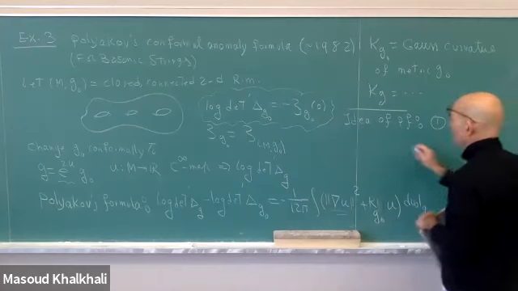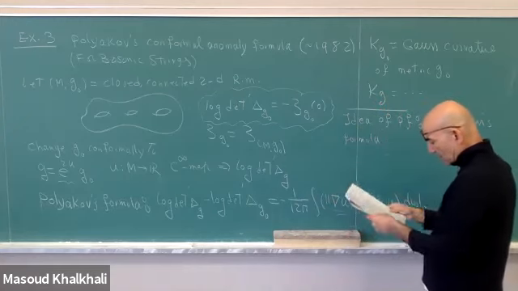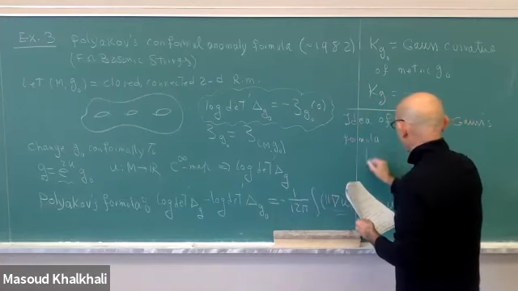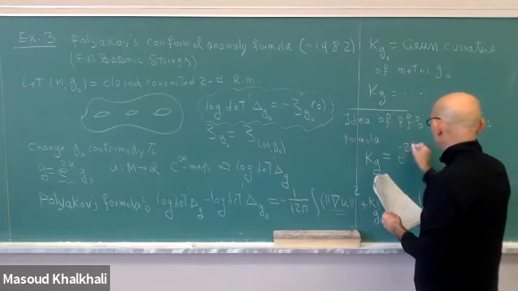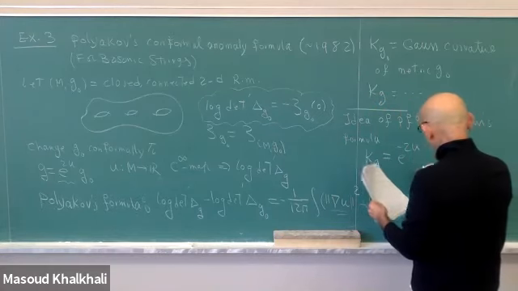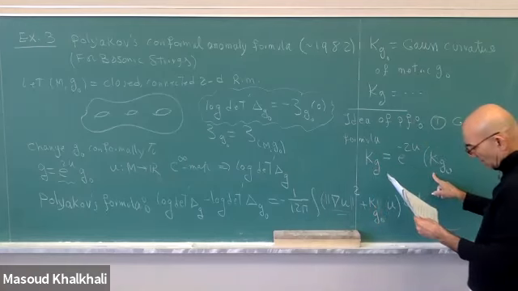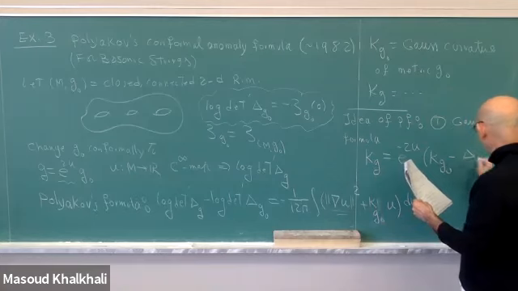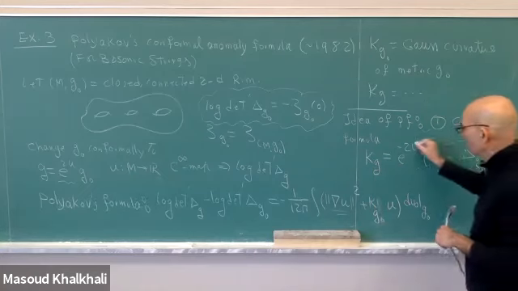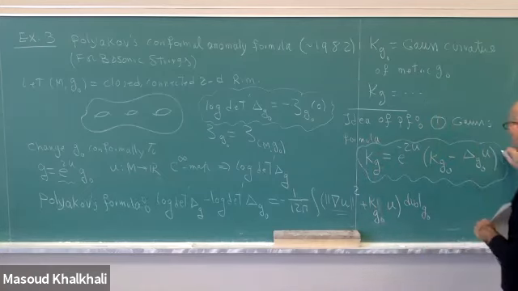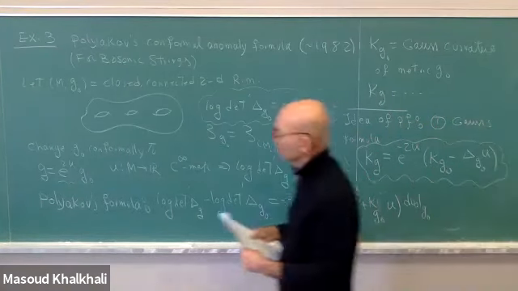I just write it like this: the formula for Gaussian curvature. It says that K G, the Gauss curvature of this conformally perturbed metric, is e to the minus 2u times K G0, the original Gaussian curvature, minus the Laplacian of G0 of the function u. This is a beautiful formula that relates the Gaussian curvature of two conformally equivalent metrics to each other.